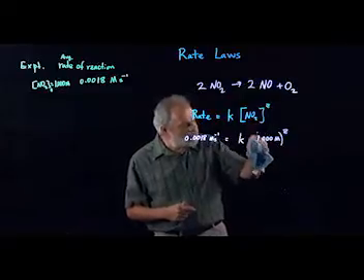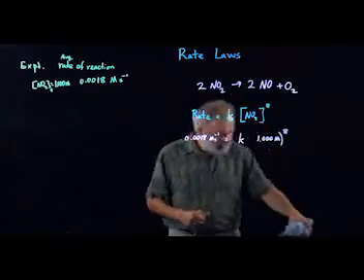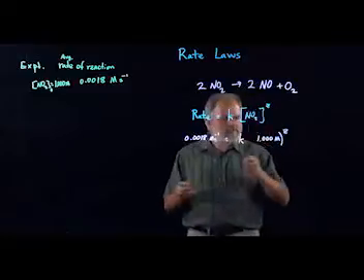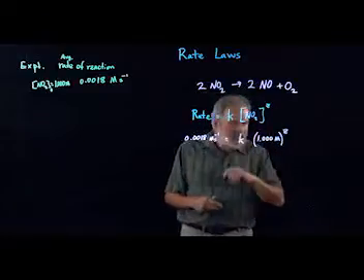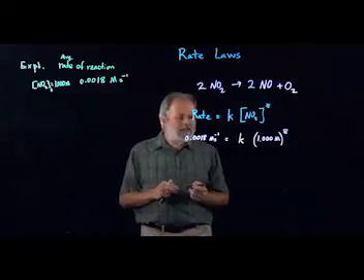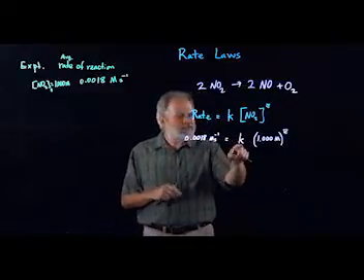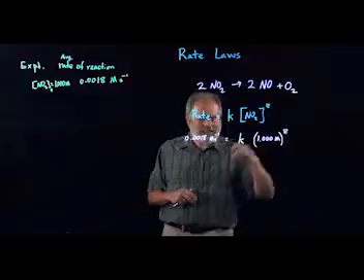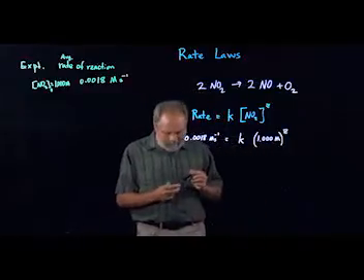So let me erase that first bracket and make it a parenthesis. Okay, so we obviously don't have enough information to determine both the unknown constant K and the exponent Z.